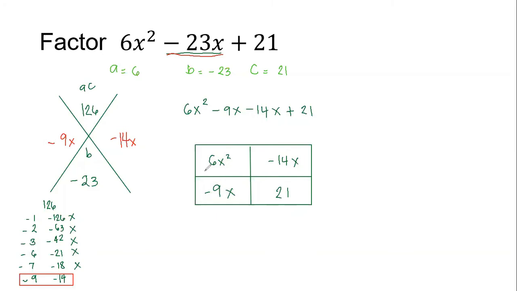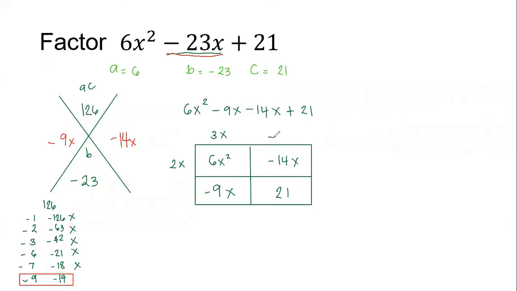So we're going to find the factors of each of the terms inside the box, right? So first we have 6x squared. So what numbers, when multiplied together, will give us a product of 6x squared? So we could have 2x and 3x, right? 2x times 3x is equal to 6x squared. Okay, let's go on the other side, negative 14x. What should we multiply to 2x so that we get negative 14x?